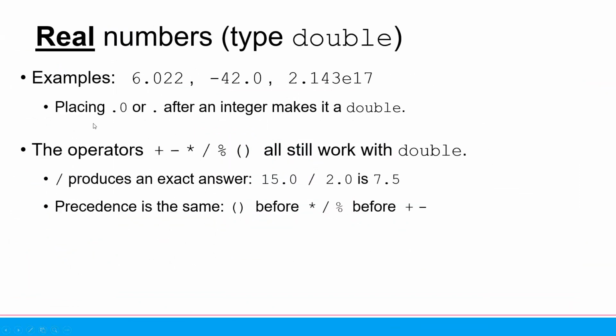The other kind of numbers, we call it real numbers. Later on, we will have the type double. But for now, let's just have the real number.